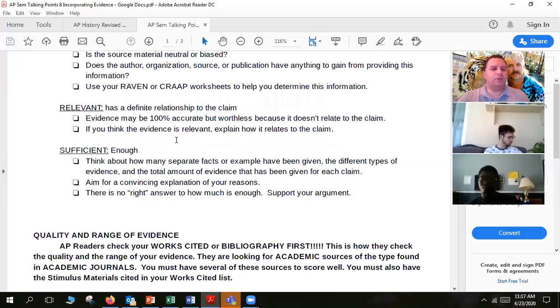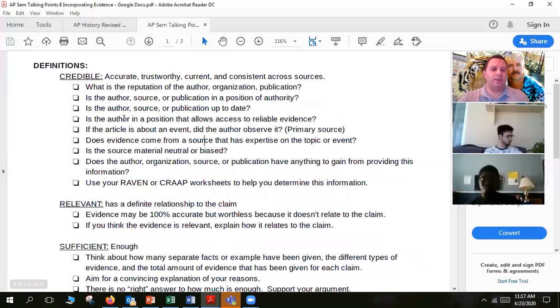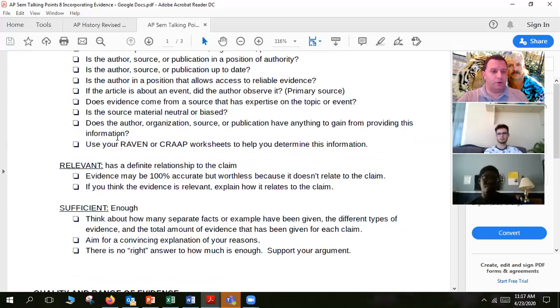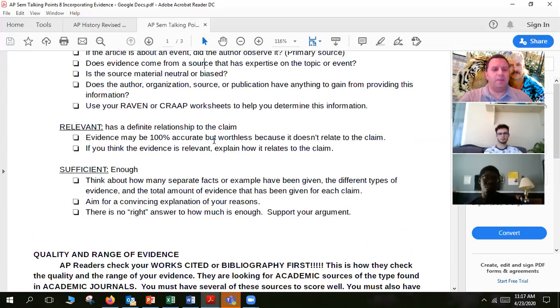So don't spend too much time on this first part here about credibility if you're looking at things out of an academic journal. Now, the middle one here about relevancy, okay? These are the questions that you really have to ask yourself, okay? Because yes, the information here might be credible, but does it really relate to what you're talking about in your essay?